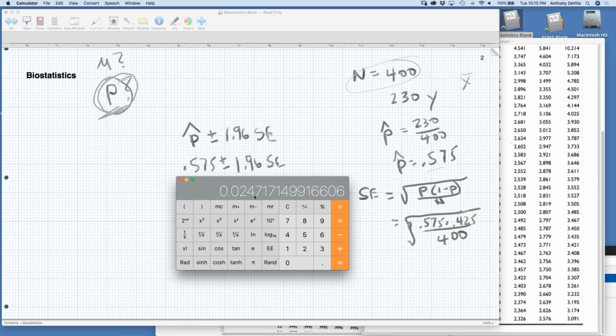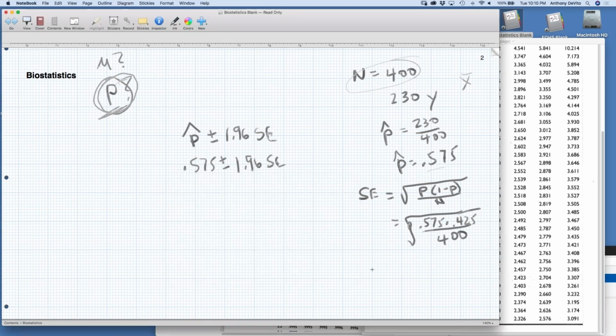Okay, so 0.0247, for our purposes, I'm going to say 0.025, right? Okay, standard error is 0.025. Let's see what I'm going to get here: 0.575 plus or minus 1.96 times 0.025.